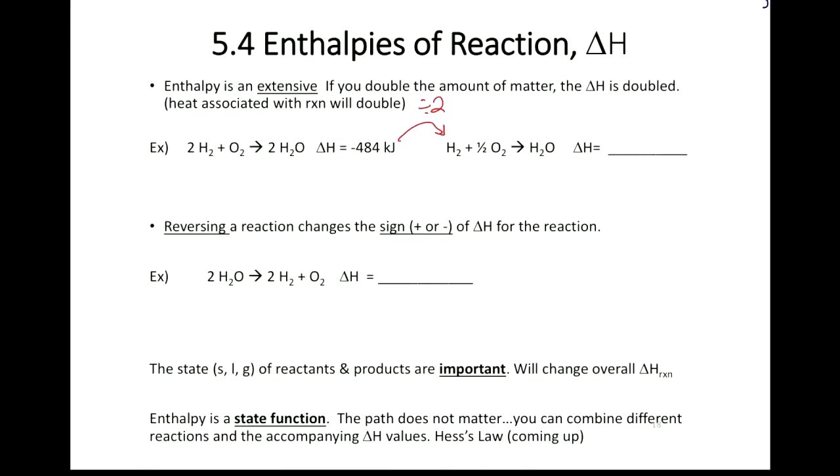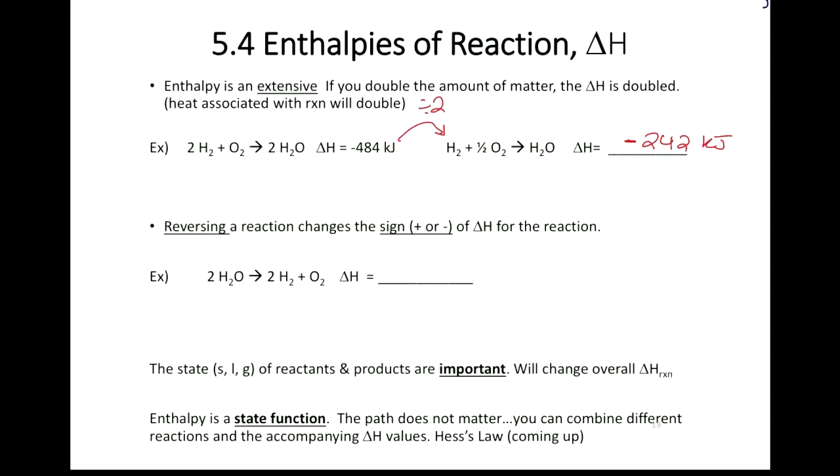Also divided by 2. So the delta H for this new reaction on the right side here is how much? How much energy can be produced here? Negative 242 kilojoules. Because we divided the reaction in half, we have to divide that enthalpy value in half as well, because enthalpy is an extensive property.